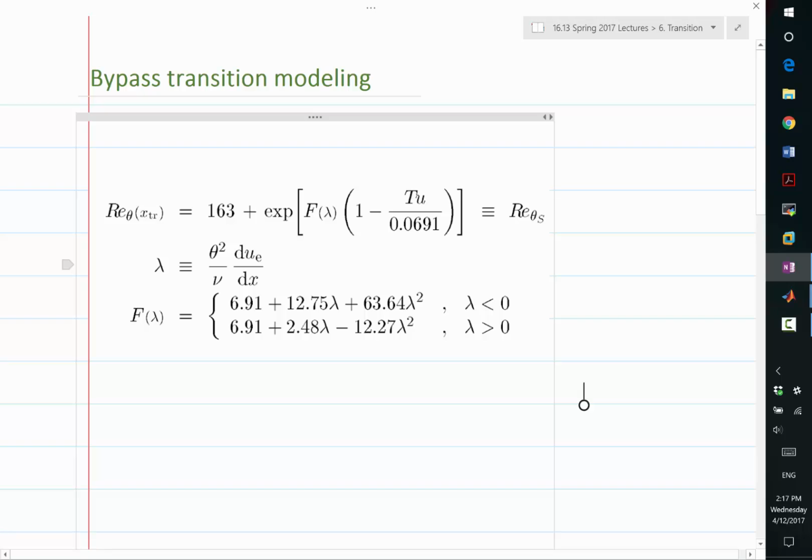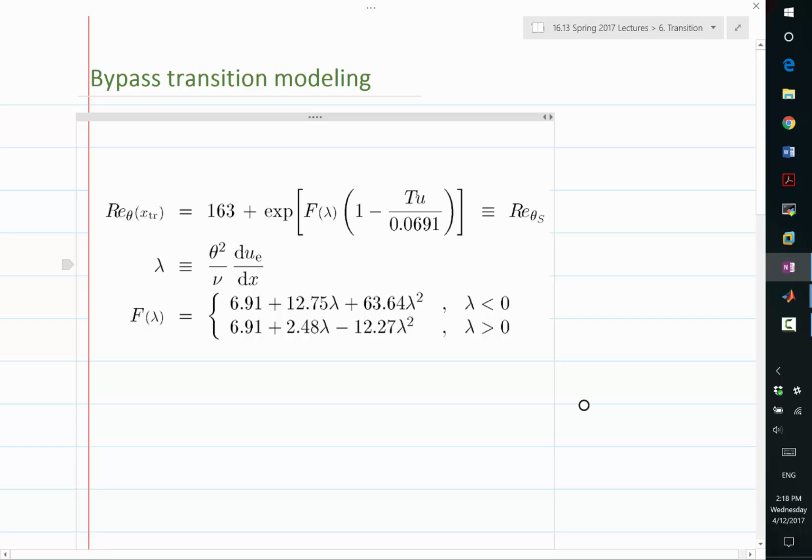For example, if 1 minus the turbulence level divided by this empirical parameter is close to 1, then the transition location is modeled as an exponential function of a quadratic function of lambda. The lambda is the Thwaites parameter, basically modeling the pressure gradient locally.